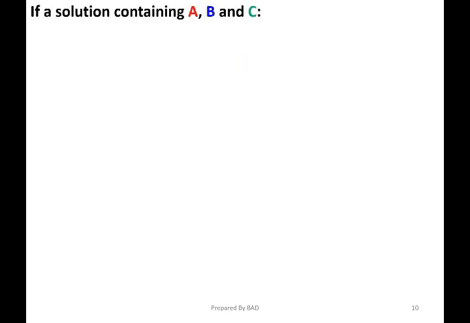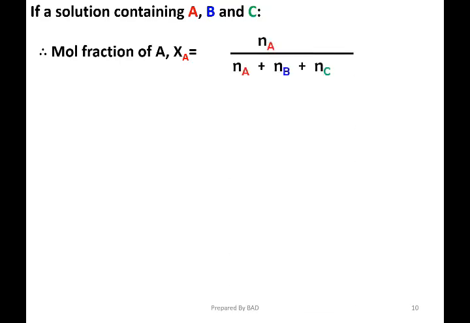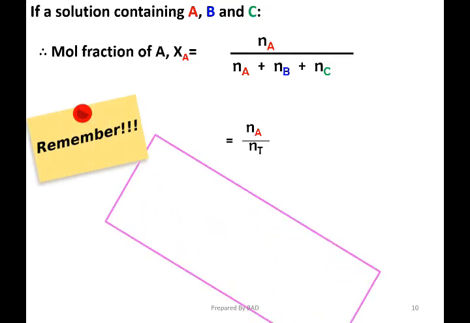If a solution contains A, B, and C, mole fraction of A equals mole A divided by mole A plus mole B plus mole C. Or we can use mole A divided by mole total.